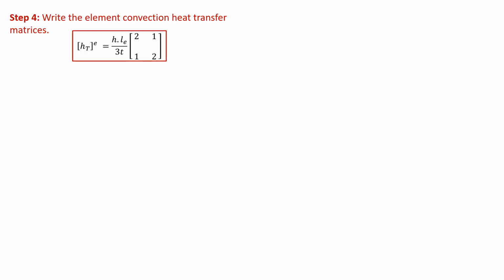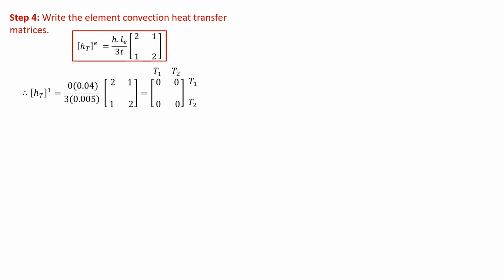The next step is to determine the element convection heat transfer matrix for each element. Remember, as I mentioned in the previous slide, element 1 is not exposed to the convection process. Therefore, for element 1, the convection heat transfer matrix will be 0. But element 2 and element 3 are exposed to the same convection process, having the same length and thickness.